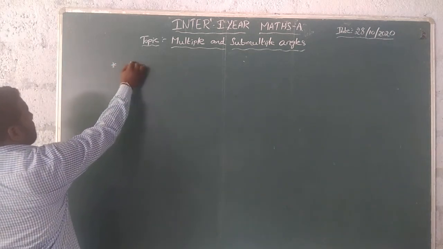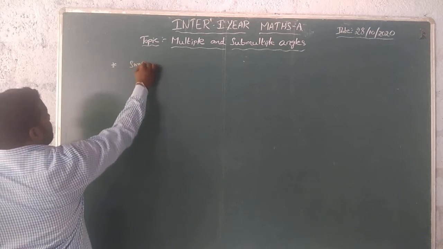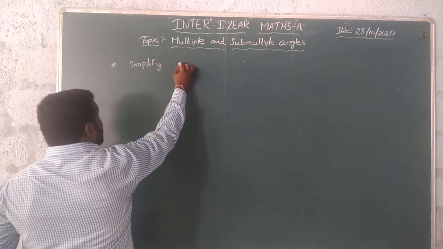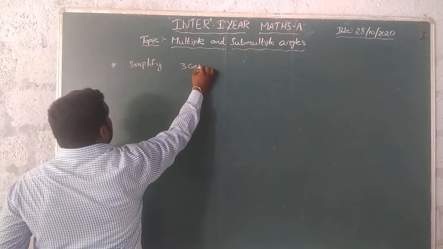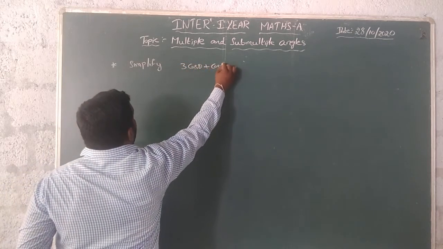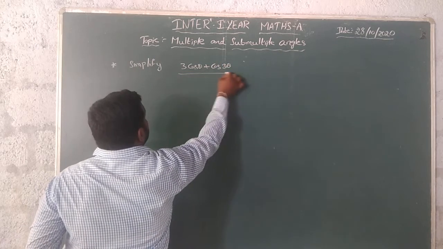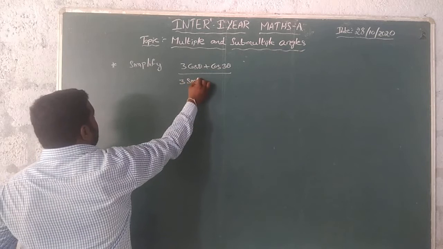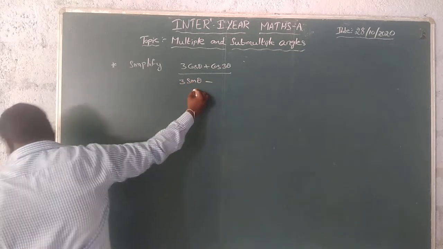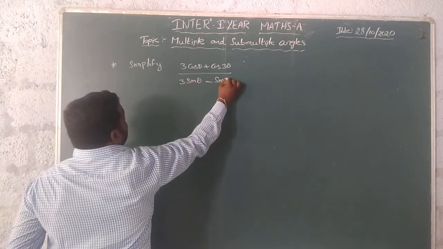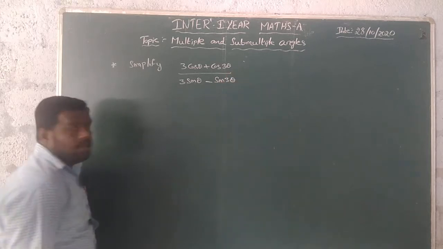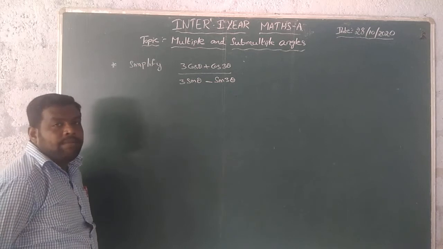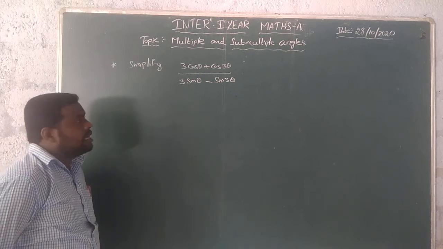Simplify. 3 cos theta plus cos 3 theta by 3 sin theta minus sin 3 theta.